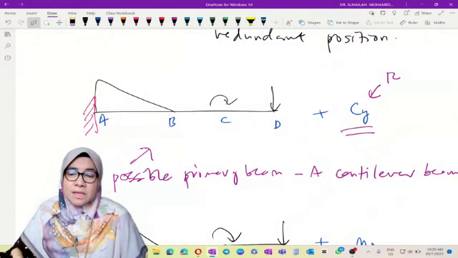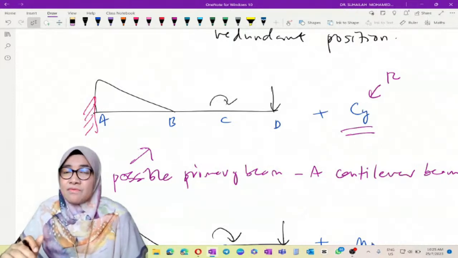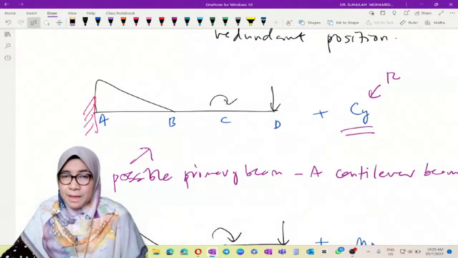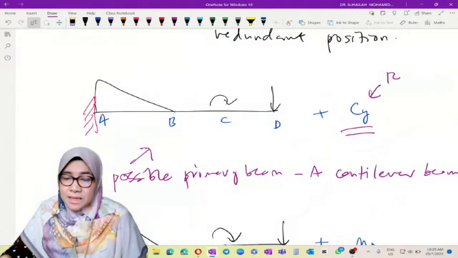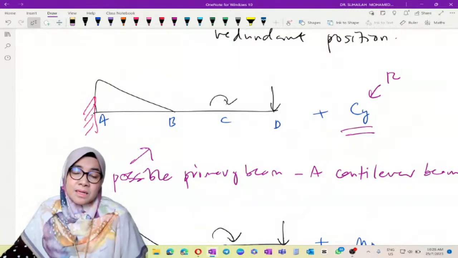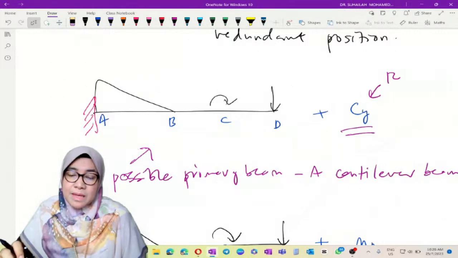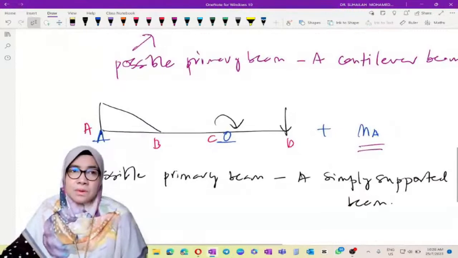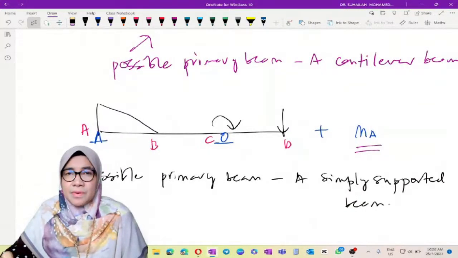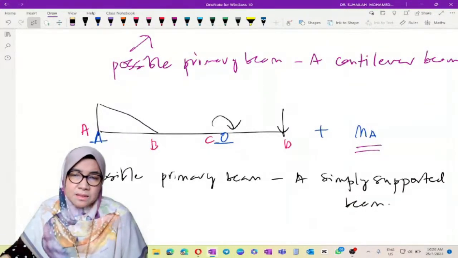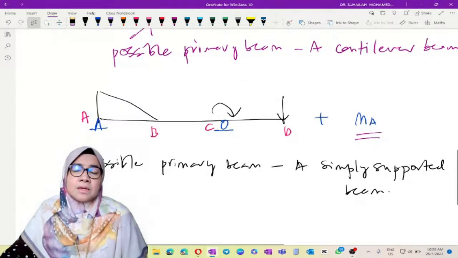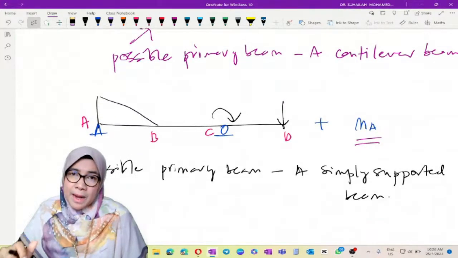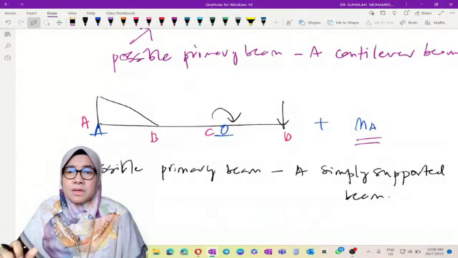So if CY is the redundant, it means that we have a cantilever beam as the primary beam. If CY is the redundant, the cantilever beam is the primary beam. And we have another option: if the moment at A is the redundant, the primary beam is a simply supported beam.